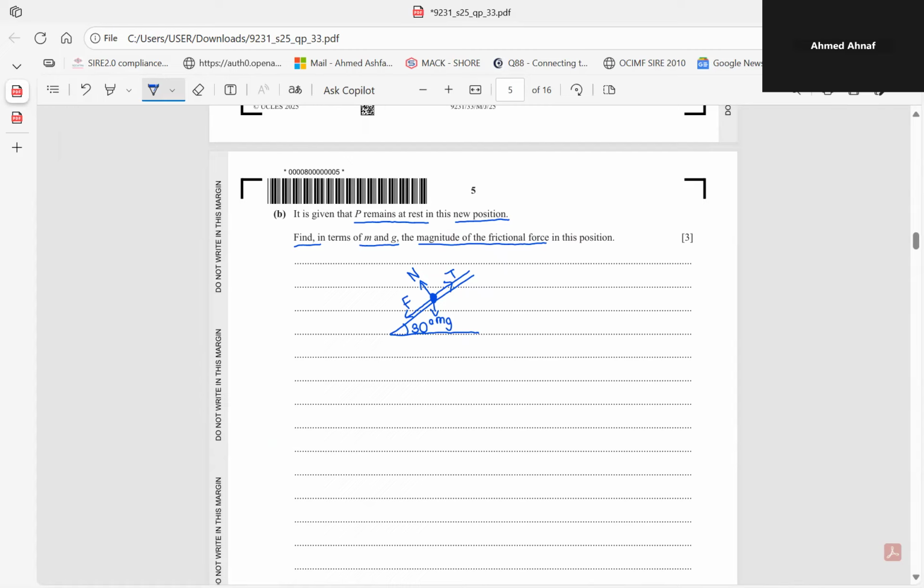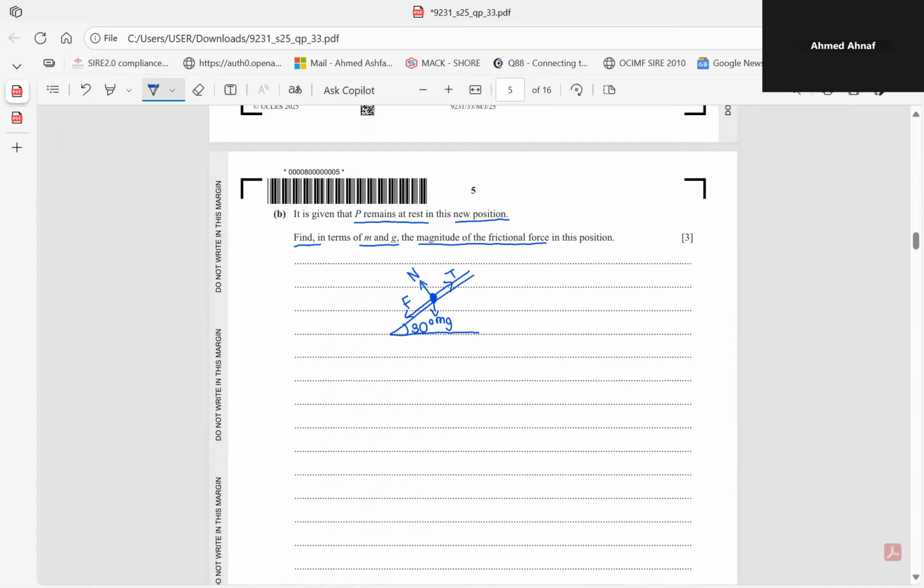So what I recommend you to do is to not worry about the direction of the forces that you label, because if your direction is wrong, you're going to get a negative value for your force, okay? And if you do get a negative value, you will immediately know that your direction was wrong, okay?